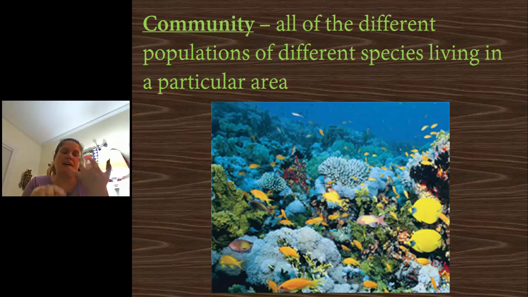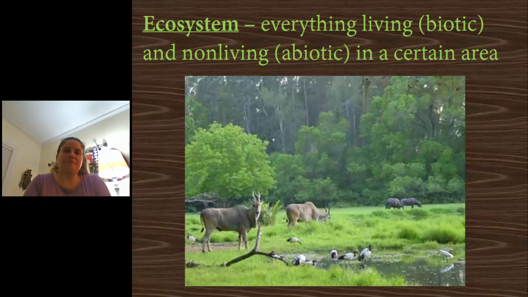We're talking about the lions, and the zebras, and the acacia trees, and all of the other various living things that are there. When we're looking at this underwater scene, we've got the yellow fish, and then we've got the golden fish, and you can see that I am not a marine biology teacher because I don't know what those fish are. And we've got the coral, and we've got the anemones. We've got anything that's alive. So all of the different populations all put together, that's our community.